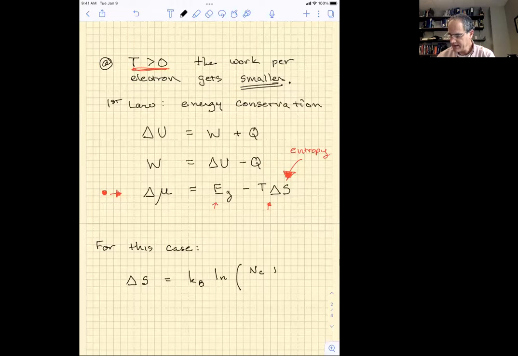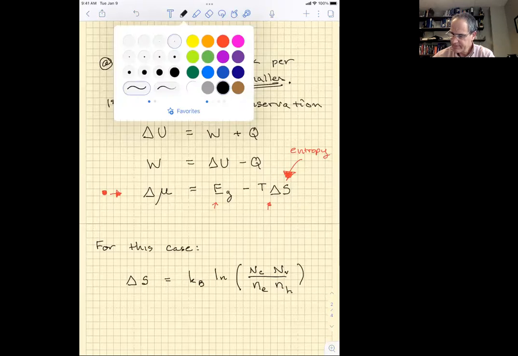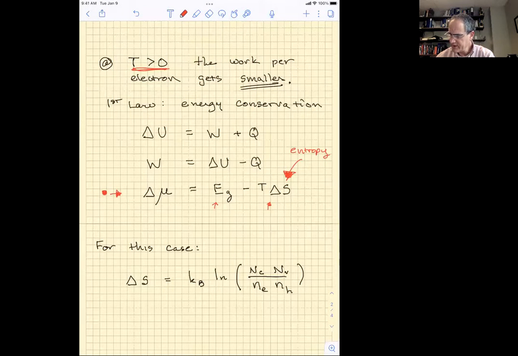I'm going to write it out and then I'll explain the terms. So in this term, capital N sub C is called the effective number of states in the conduction band, whereas N sub V is the effective number of states in the valence band.